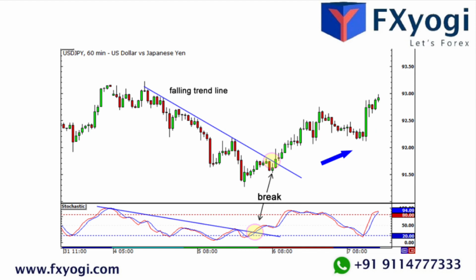You may notice that the indicator will also respect the trend line. If you see both price action and the momentum indicator break their respective trend lines, it could signal a shift in power from buyers to sellers or vice versa, and that the trend could be changing.